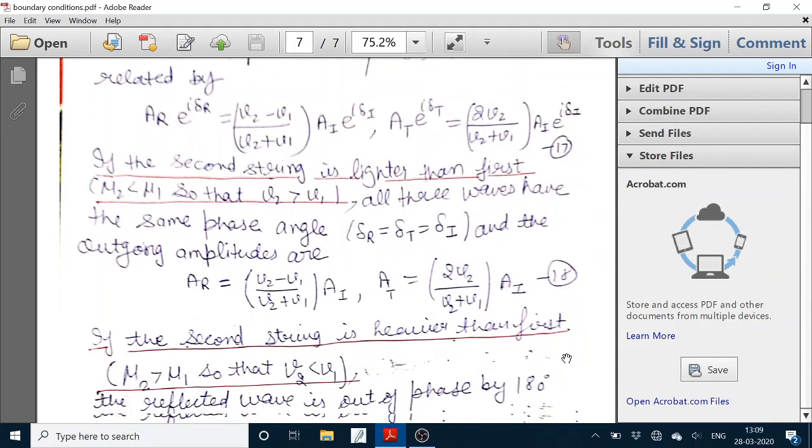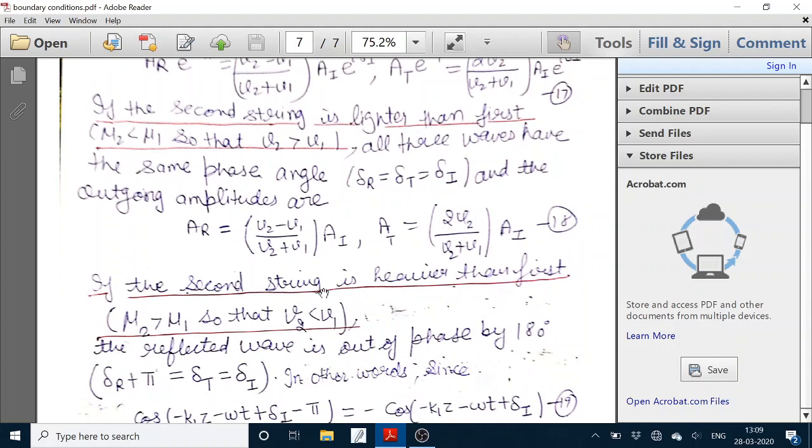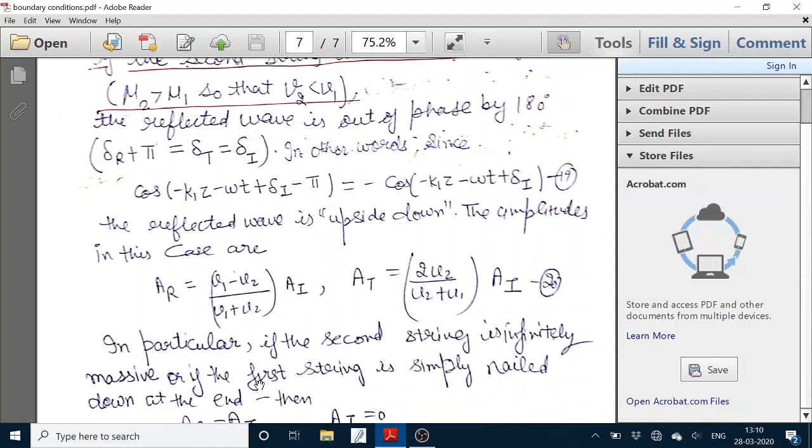In the second case, if the second string is heavier than the first one, meaning the mass per unit length of the second string is greater than that of the first string, then velocity v2 is less than v1. The reflected wave in this case is out of phase by 180 degrees. So in this case, delta r plus pi equals delta t equals delta i.